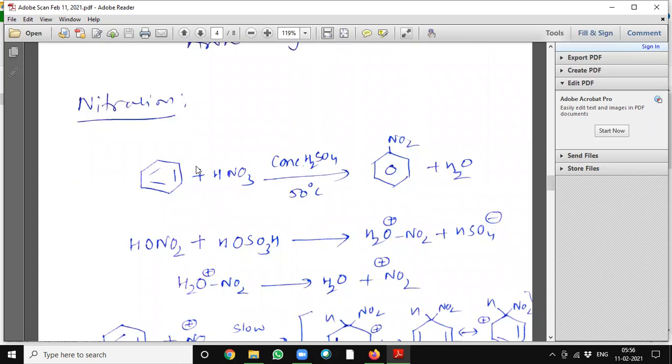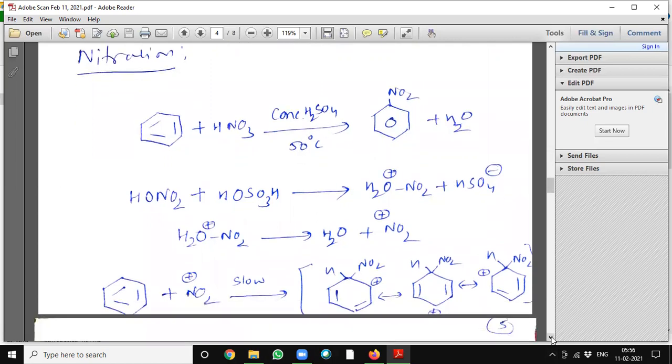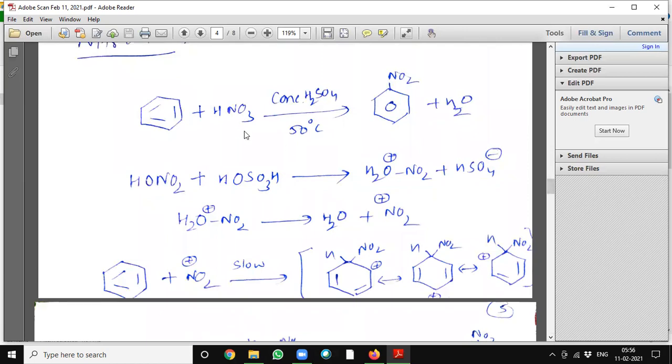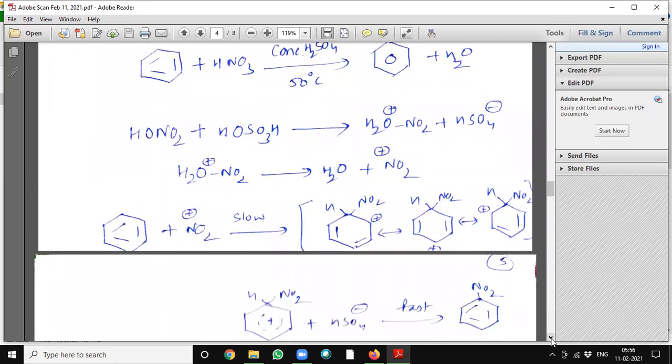Some examples of electrophilic substitution reaction: nitration, it will give nitrobenzene. The reagent is nitric acid and concentrated sulfuric acid, and at 50 degrees centigrade temperature it will form nitrobenzene.